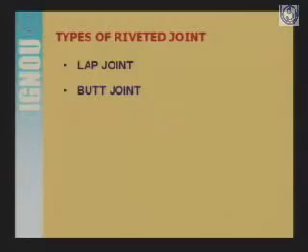Now let's talk about the types of riveted joint. There are two types of riveted joints. Means in two situations the joints can be made. First is lap joint and second is butt joint. Now let's see what these lap joint and butt joints are. As it is clear from the name, lap joint means overlapping.